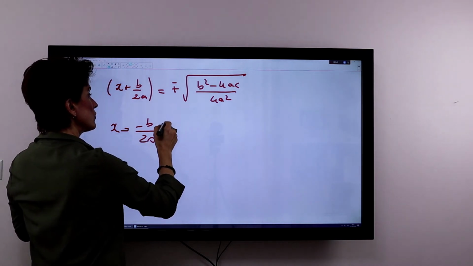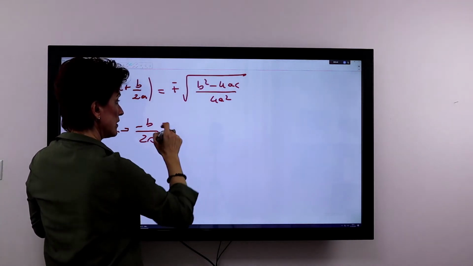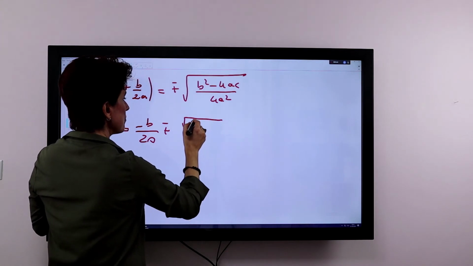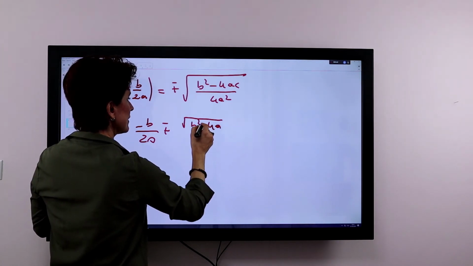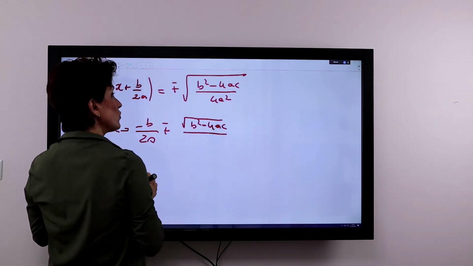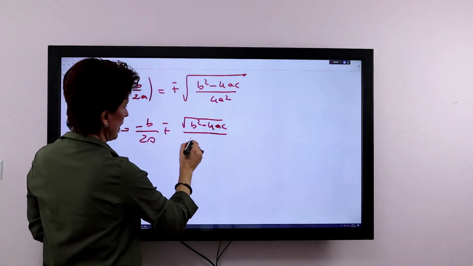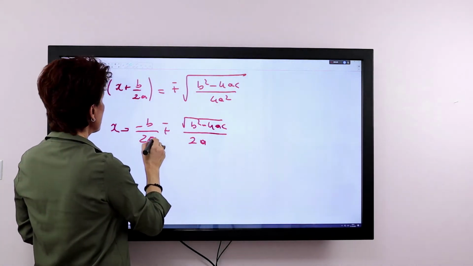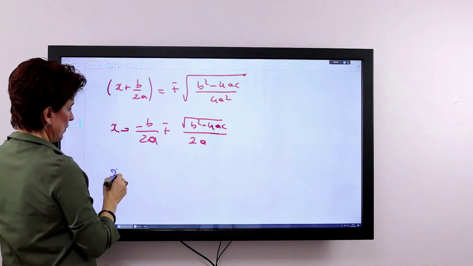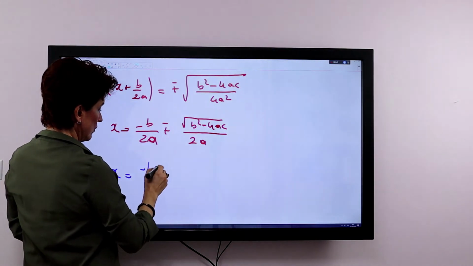You can distribute the square root to the numerator and denominator. If you do this, square root of (b squared - 4ac) over the square root of 4a squared, which is 2a. Got it? What we have right now is this formula.